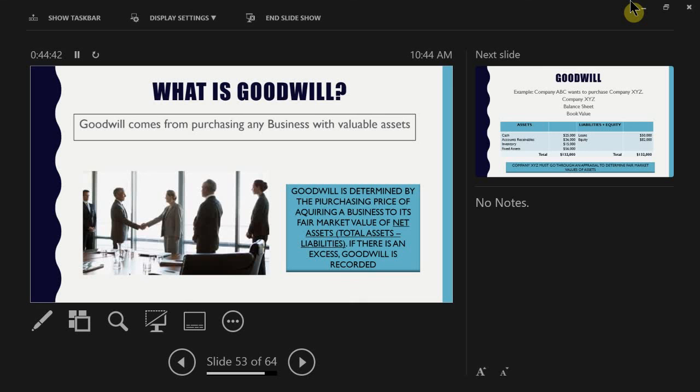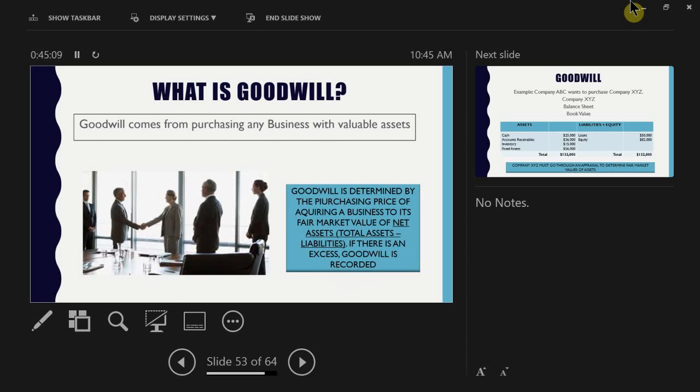Goodwill is known for when you acquire a business. Goodwill is more or less when you buy out another business that has some kind of valuable assets that, when you liquidate it, end up being a higher value than what you originally purchased it for.